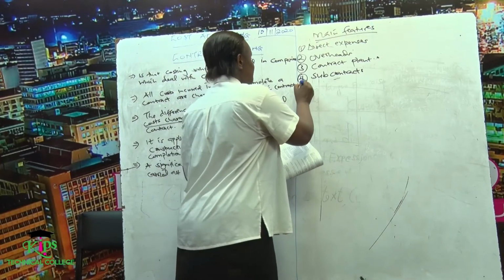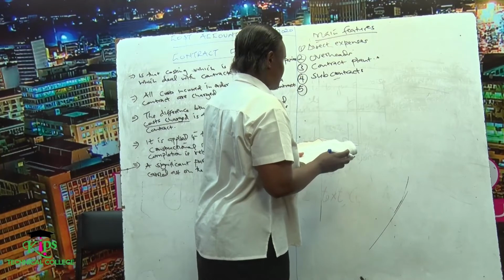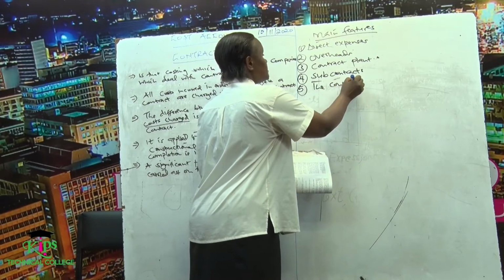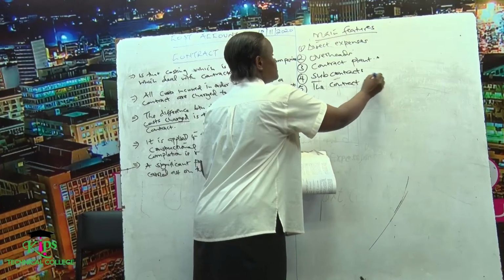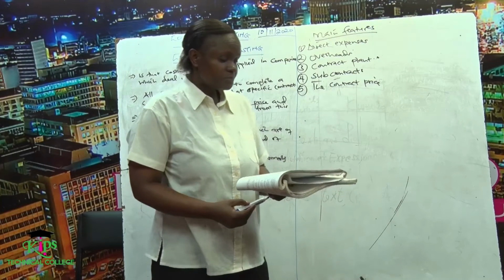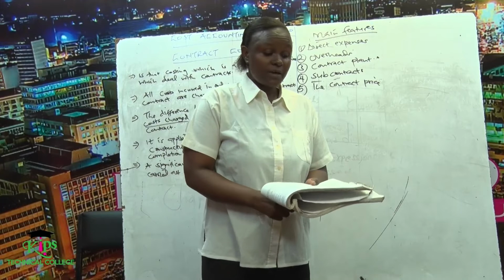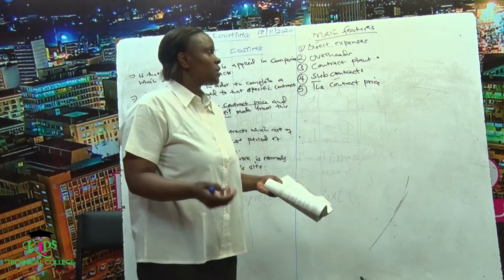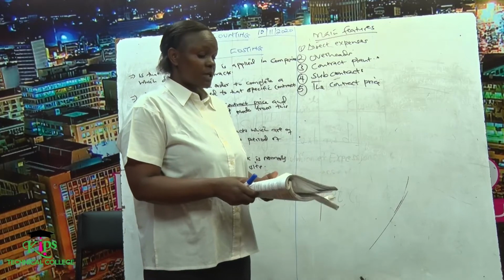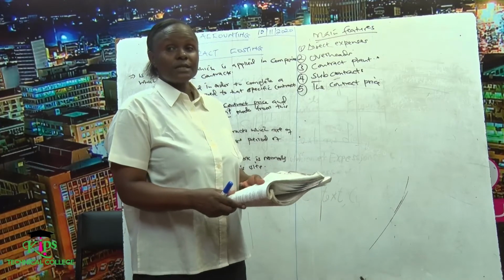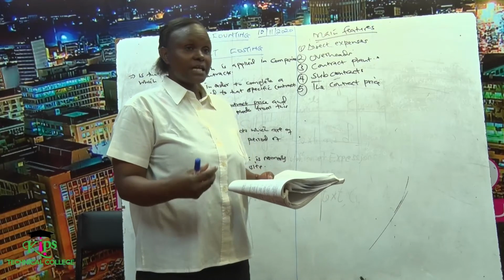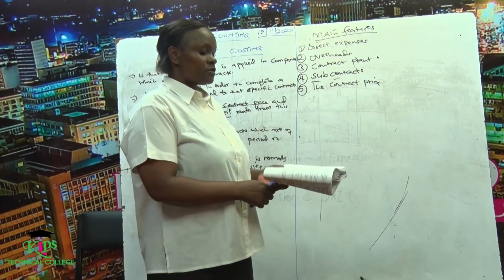Another feature is the contract price. The contract price is usually agreed in advance. Before you start the work, you must agree how much you are supposed to be paid as the contractor. The contractee invites tenders from the interested contractors.